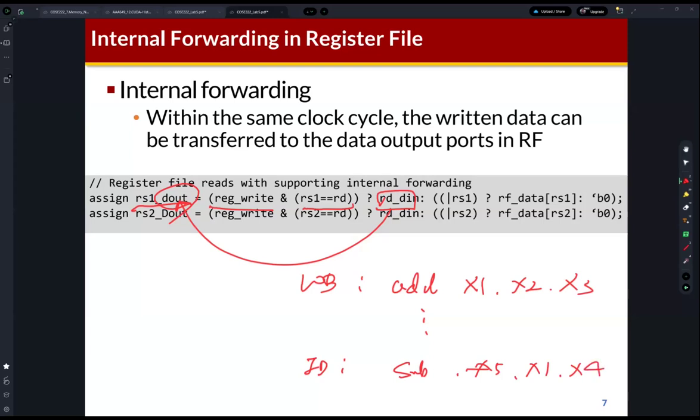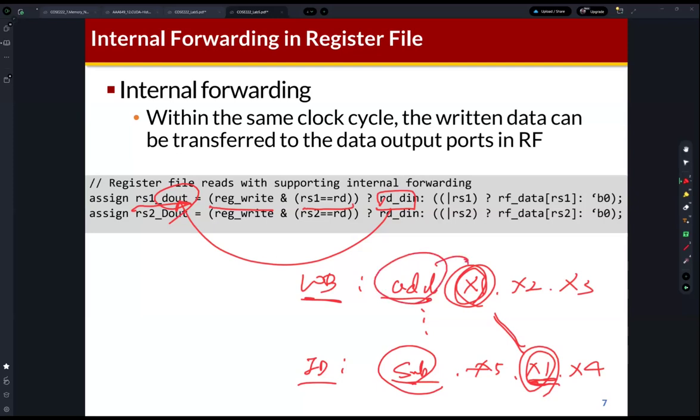We can find that the destination x1 of this add instruction in write back stage is equivalent to the x1 of this sub instruction, which is in the ID stage. So the sub instruction needs to read the operand from register file x1, while the add is writing the new value to x1.